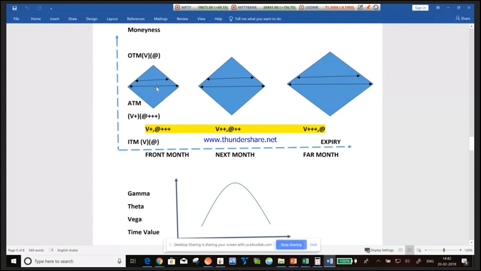If you see, as you go up, is the length of this segment reducing? And is it again reducing as you go down? That's how Vega is. As you go out of the money, as you go in the money, your value of Vega will keep on reducing.